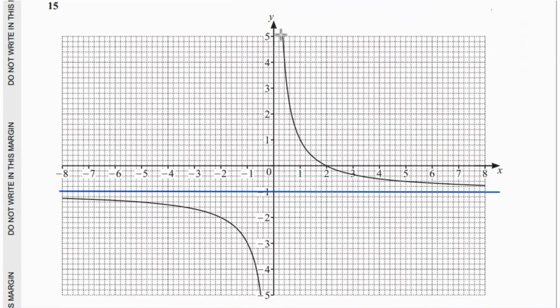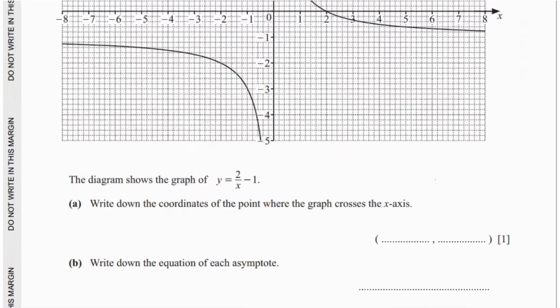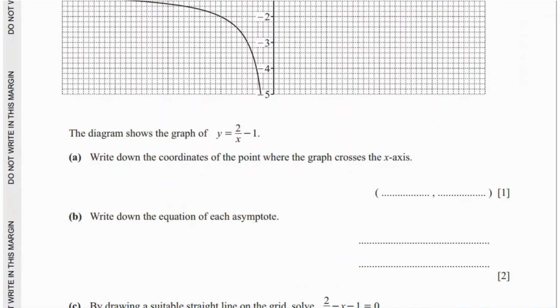You have two asymptotes, the y-axis and y equals -1. So in your answer, you'll write x equals 0 because the y-axis is x equals 0, and y equals -1. These are the two lines that your graph does not pass through.